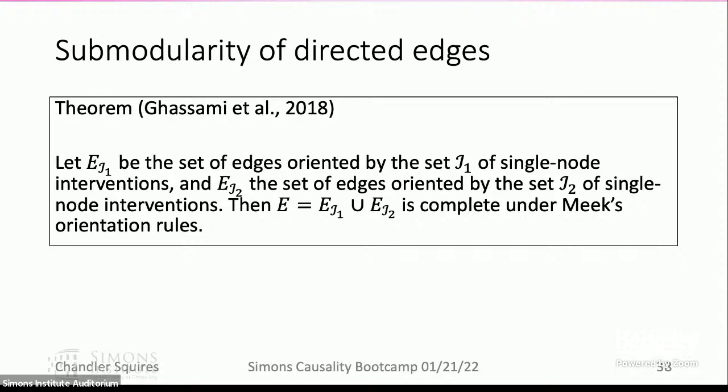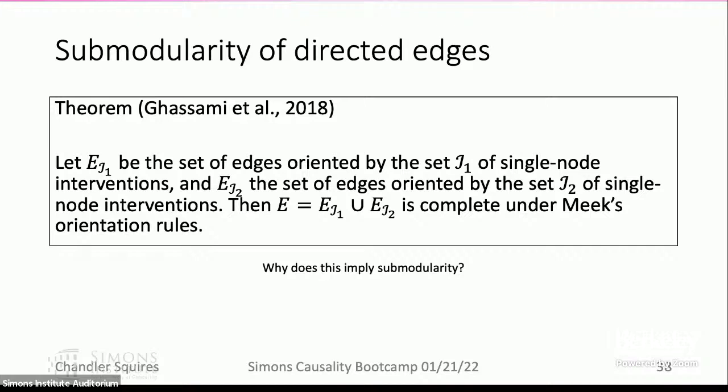The answer is no. Their union is actually complete under the orientation rules that I think were discussed on Wednesday. They're kind of boring, so I didn't include the orientation rules again. We'll talk about an example of how this plays out for a specific one, but it's a tedious proof, so I just want to give you the flavor of it.